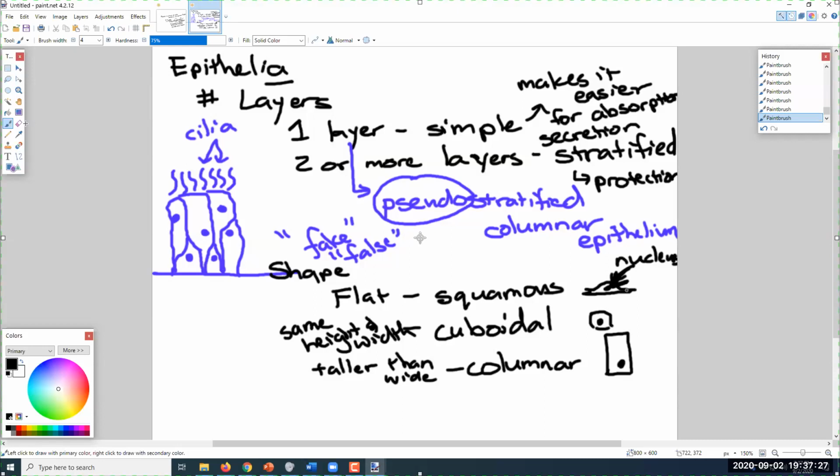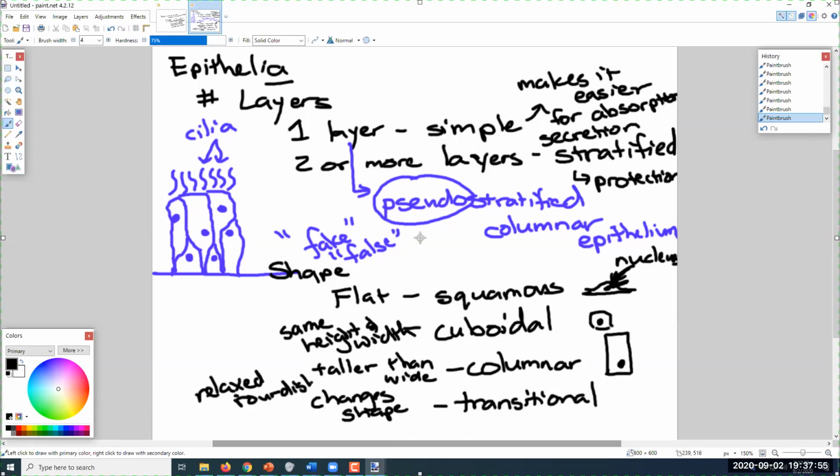And then there's one other one. It's called transitional. It's called transitional because it changes shape. It changes shape depending on the circumstance that the particular organ is in. If it's relaxed, the shape is kind of roundish. So it looks something like this.